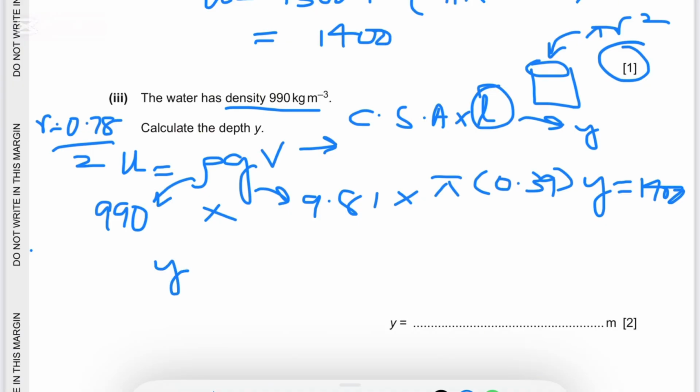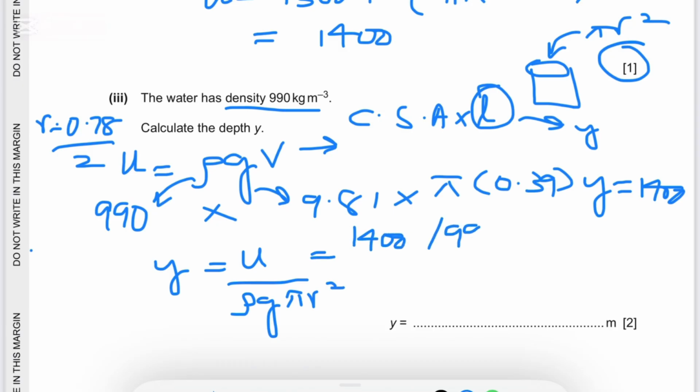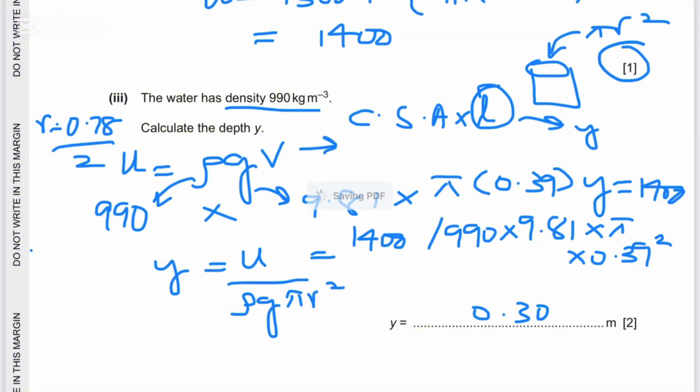So y would be equal to upthrust divided by density times gravitational constant times pi r squared, which is equal to 0.30 meters, correct to two significant figures.